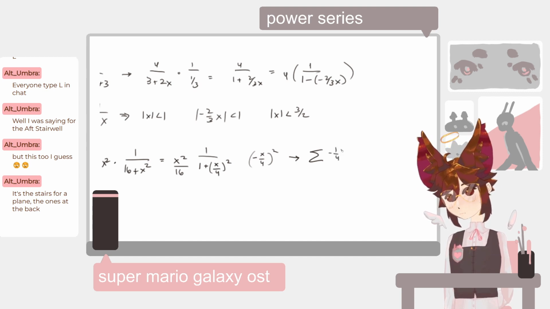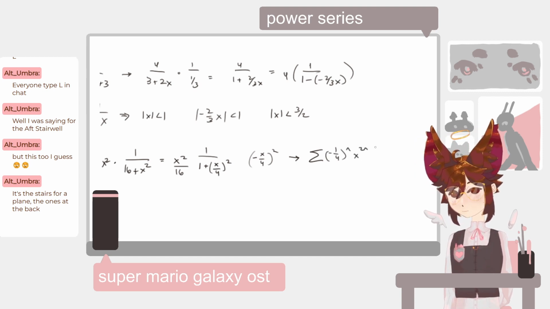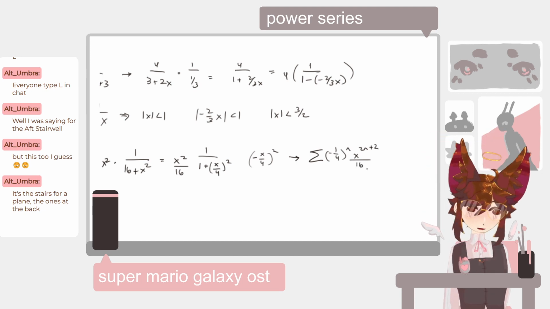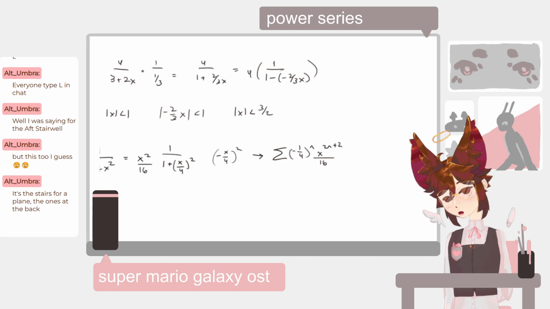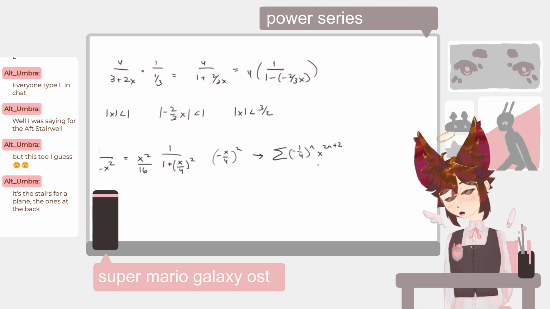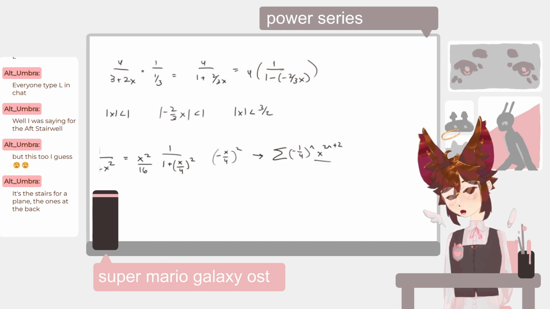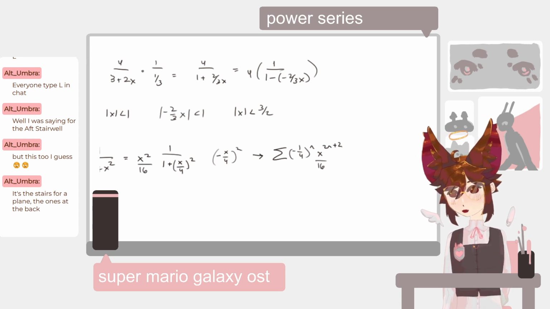Negative 1/4 to the n, x to the 2n, plus 2, over 16. That's not right. What is that? Why is there an, what is that? That's not right.